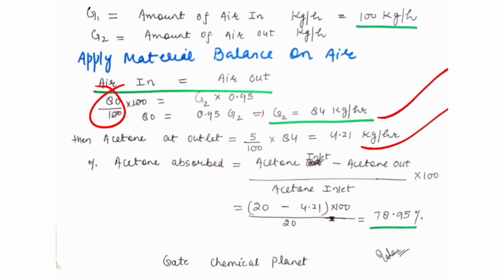So acetone coming in is 20%, meaning 20 kilograms per hour, and acetone out we have already calculated, 4.21 kilograms per hour. So after putting all the values, we get the percentage of acetone absorbed. It is equal to 78.95%. So students, these are very simple calculations on an absorption column.